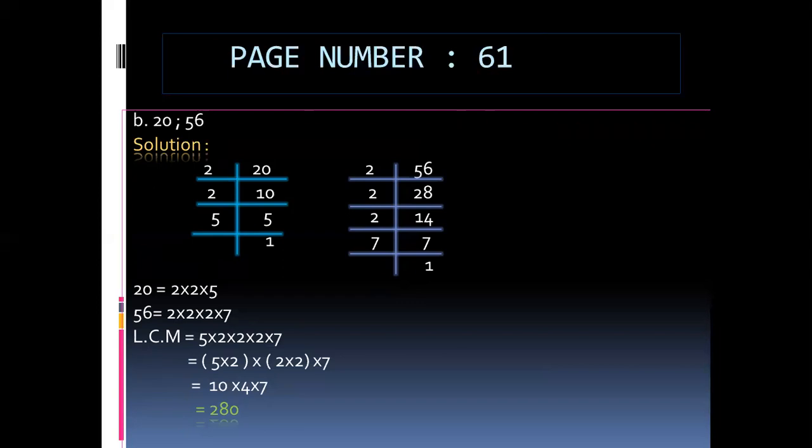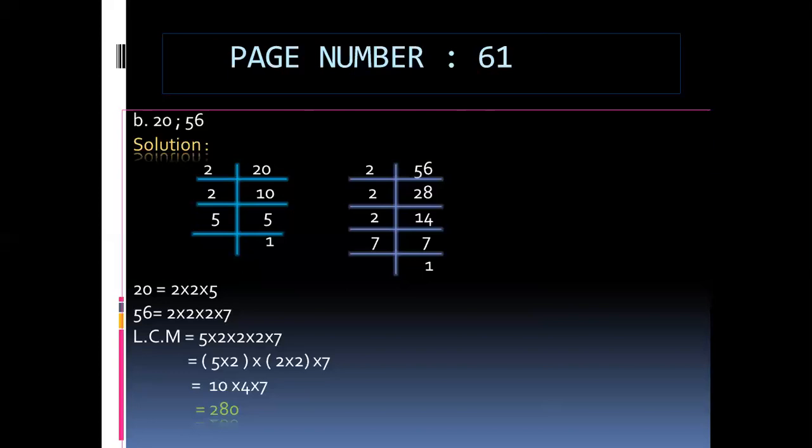Now only two 2's are common in 20 and 56. The LCM is 5 multiplied by 2 multiplied by 2 multiplied by 2 multiplied by 7. After finding the product of all these numbers, the LCM becomes 280.